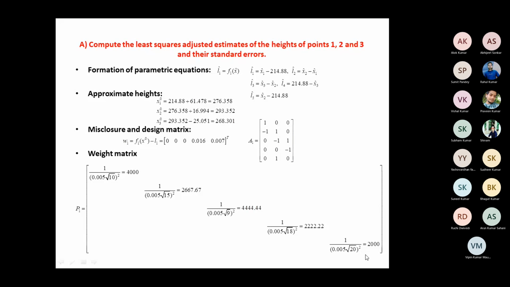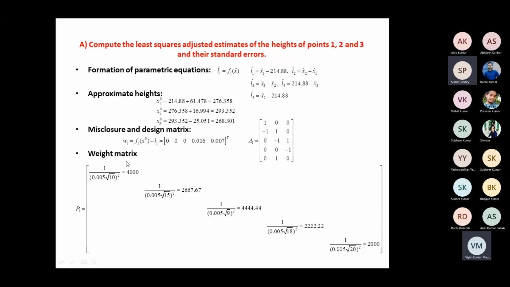Did you get it? Yes, sir. Can you explain it? If you cannot, just say no. Sumit.